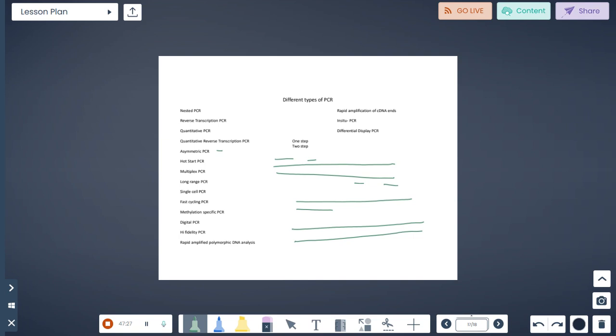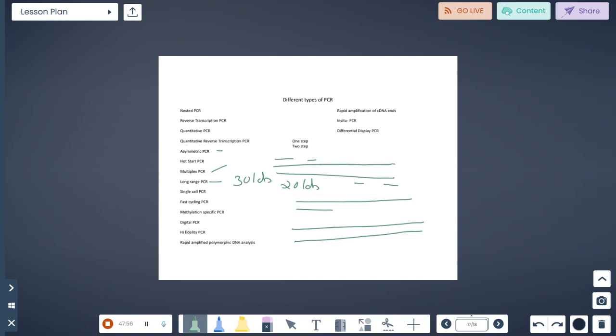And multiplex PCR means in a single tube itself, you are using more than one set of forward primer and reverse primer. Long range PCR means a long PCR product is formed. So far, a long PCR product formed is 30 kb, but practically 20 kb is achieved, because it also depends on the template preparation.